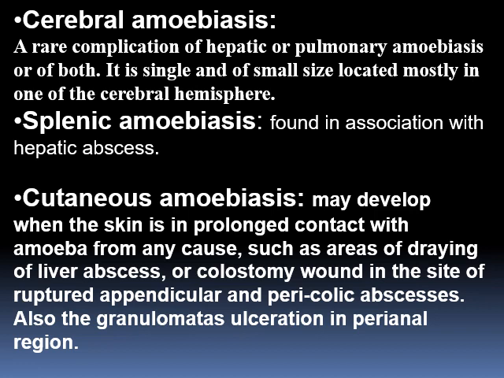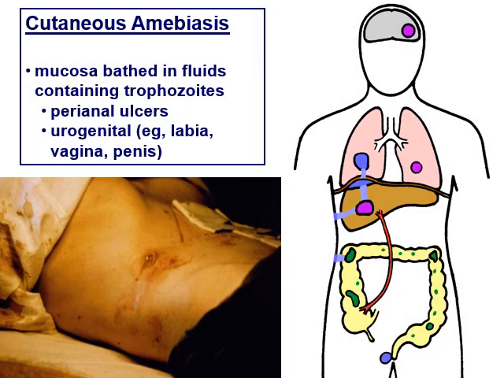Also, granulomatous ulceration in the perianal region. So, cutaneous amoebiasis affects mucosa, but also fluids containing trophozoites. The regions infected are the perianal ulcer and urogenital. As we see, in all extra-intestinal amoebiasis we can find only trophozoites. There is no cyst in tissue.